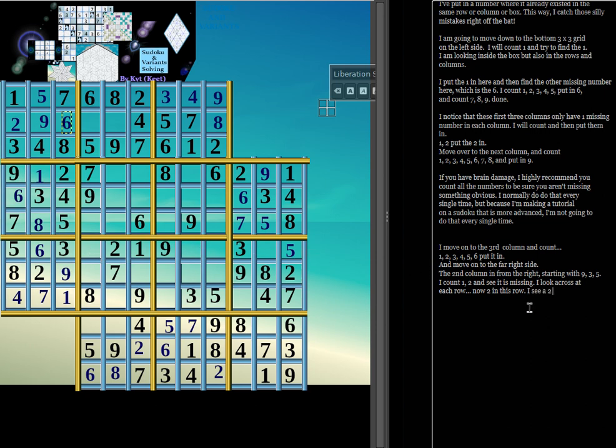I see a 2 here, and that 2 is within the right 9 by 9 grid. This means I cannot put a 2 here. So I put the 2 down here and move on.